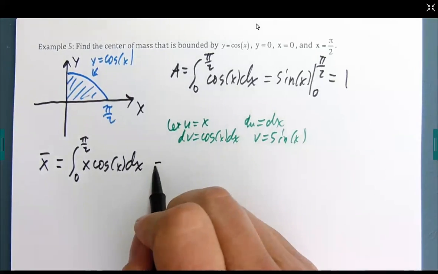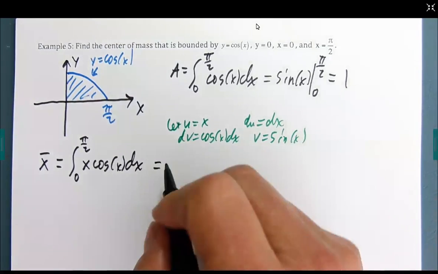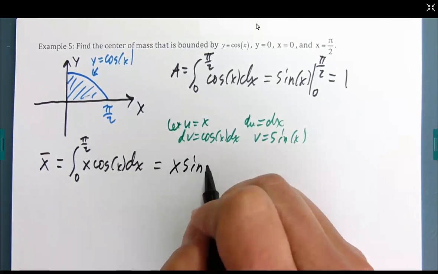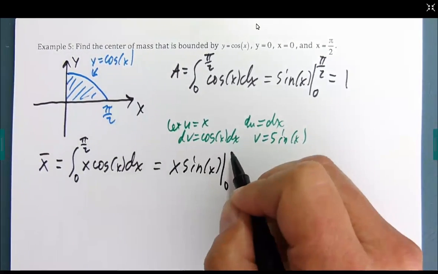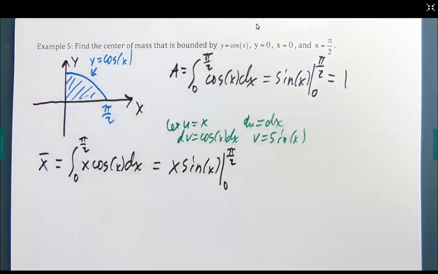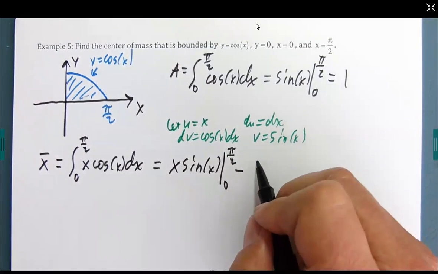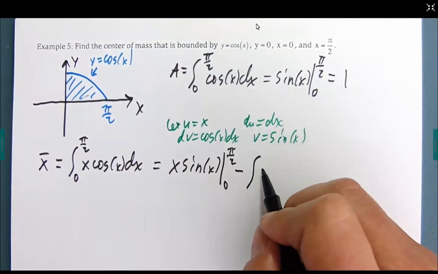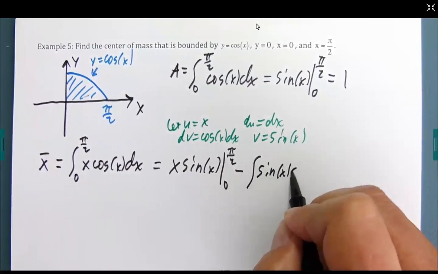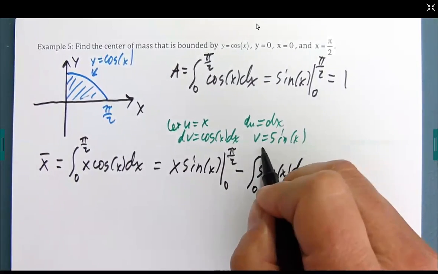So let's break that up. U times v is going to give me x sine x, that's going from 0 to pi over 2, minus the integral of v du, that's sine x dx, 0 to pi over 2.